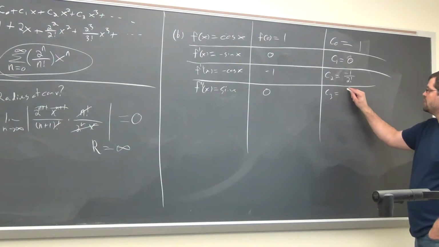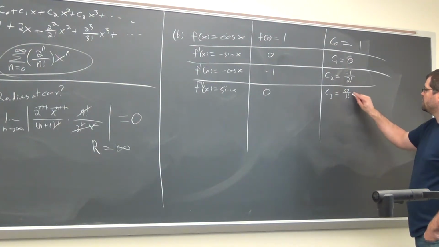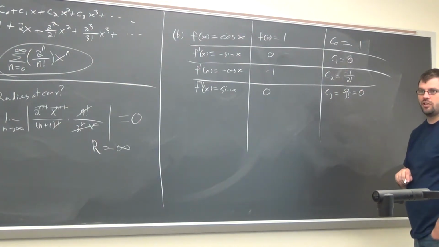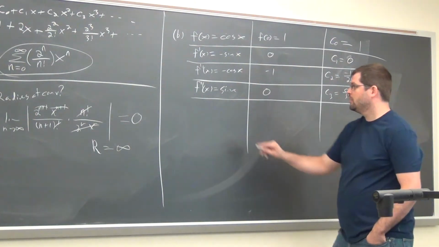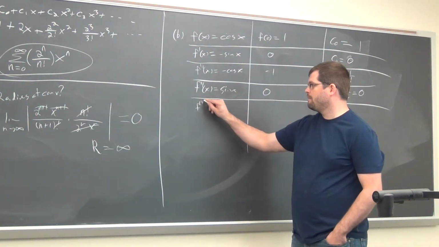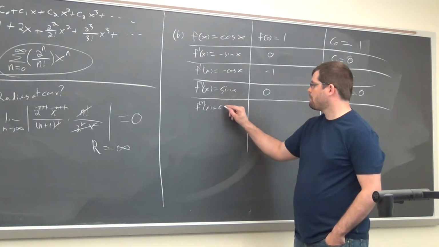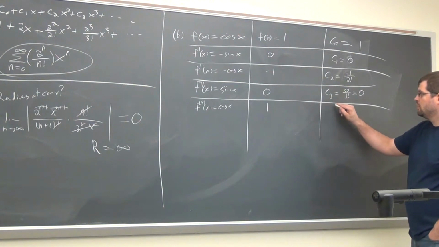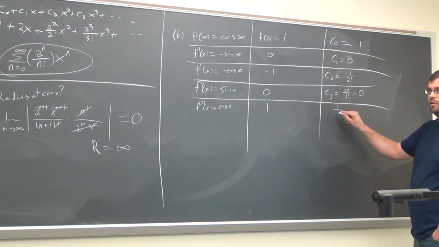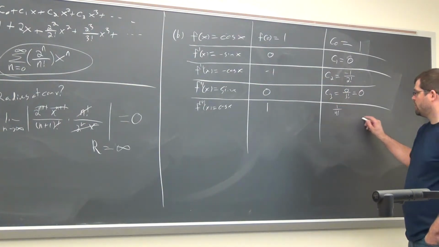So c sub 3 is 0, but again, 0 over 3 factorial, so you get another 0, right? How about the fourth derivative? You're back to cosine, right? And so that's 1 over 4 factorial.